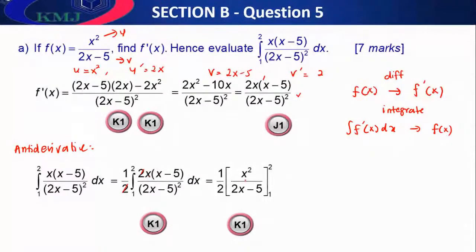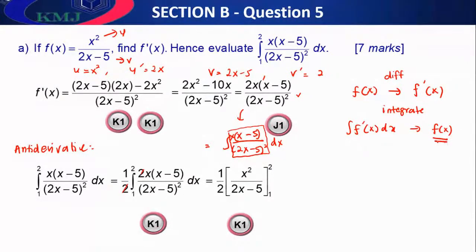So what is left here is the integral of x minus 5 over 2x minus 5 squared dx, so this is your f prime. So if we integrate f prime dx, then you will get f(x).